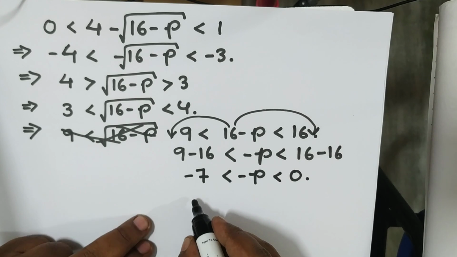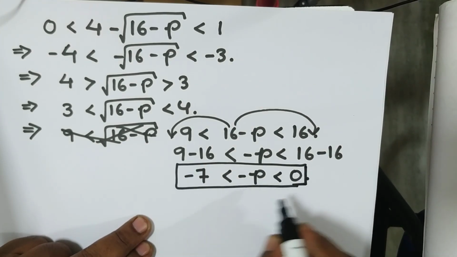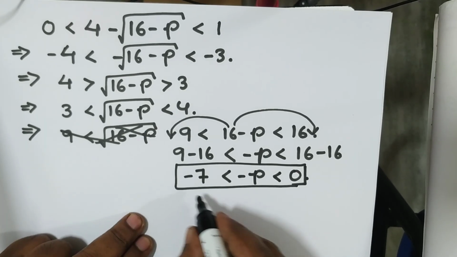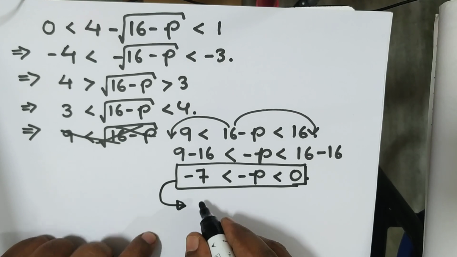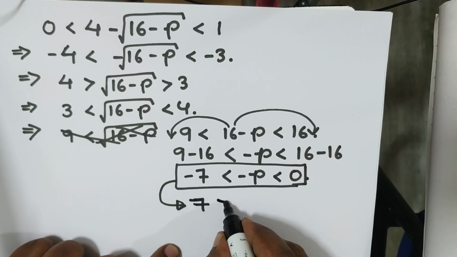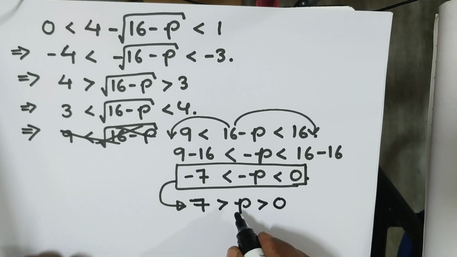Again, multiply throughout by a negative sign. If I multiply by a negative sign again, the same condition becomes 7 greater than p greater than 0.